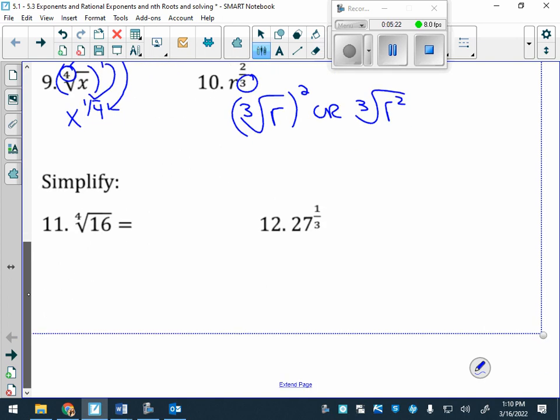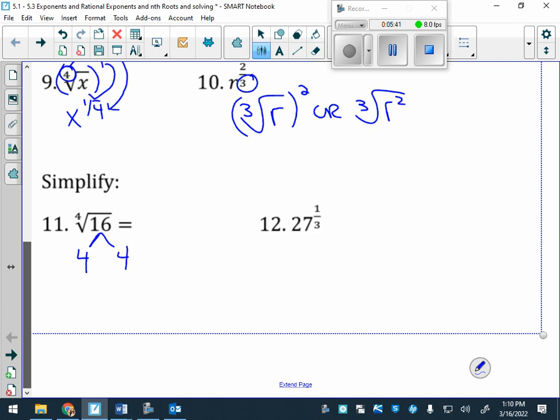Then we get into simplifying, which is actually right here. The 4 through to 16 is correct on the board. When we are simplifying radicals, which we're going to see today, we have our factors. Say we're going through and simplifying a square root.